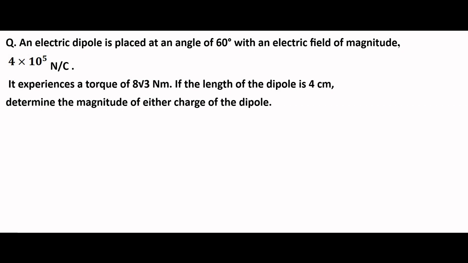Okay, so here it is given that we have an electric field, this is the electric field of magnitude equal to 4 into 10 to the power 5 Newton per coulomb or volt per meter, whatever unit you want to use, and we have a dipole, let's say like this.